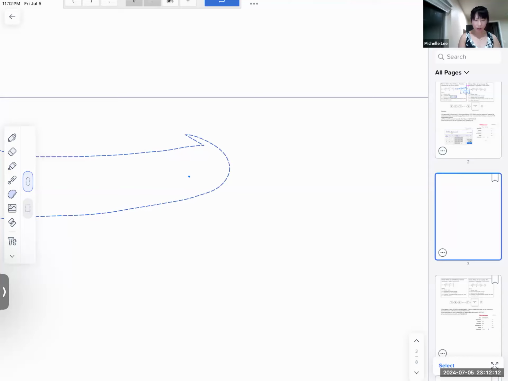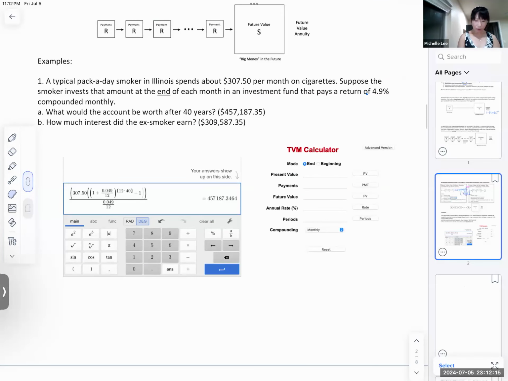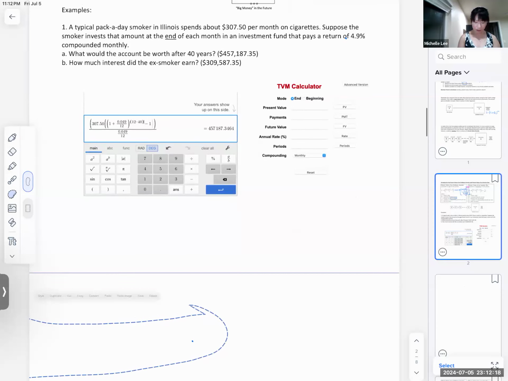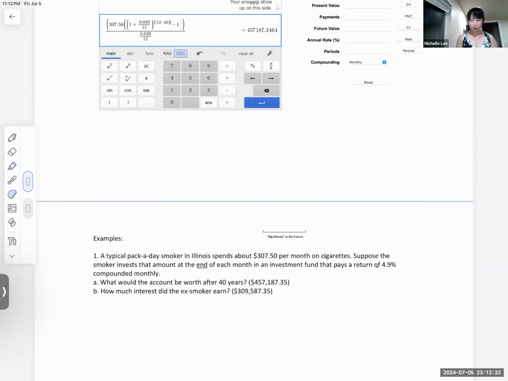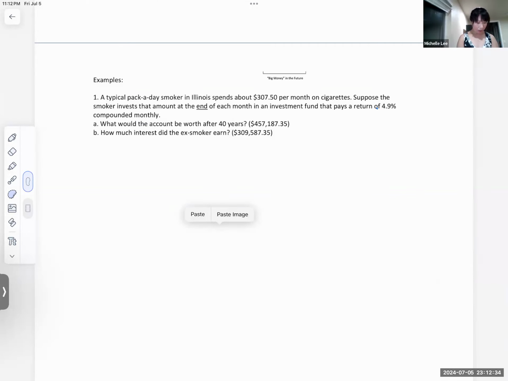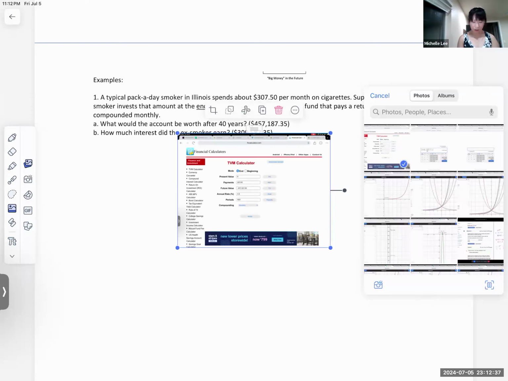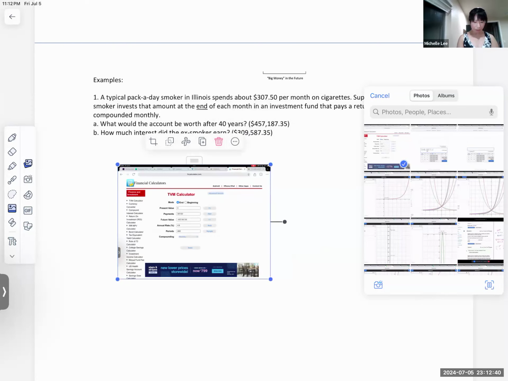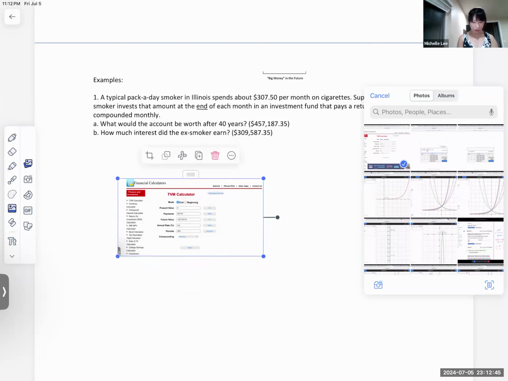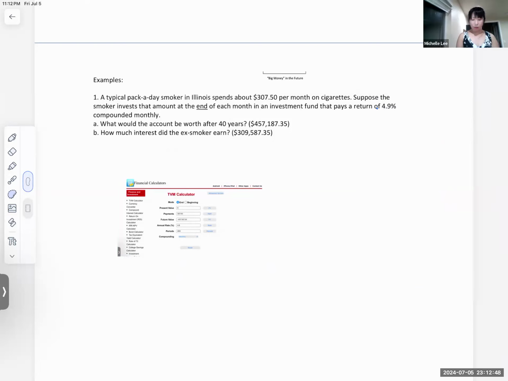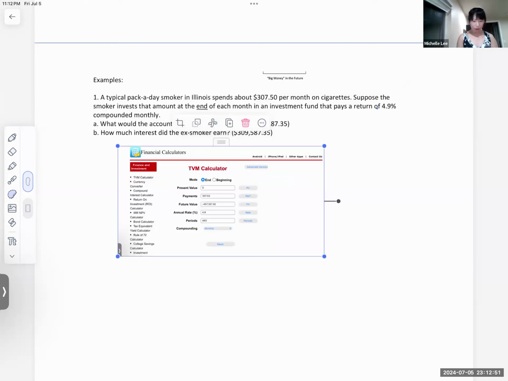Here, paste. Oh, see. Okay. And then screenshot, right? Screenshot. And then okay. So let me write for you.